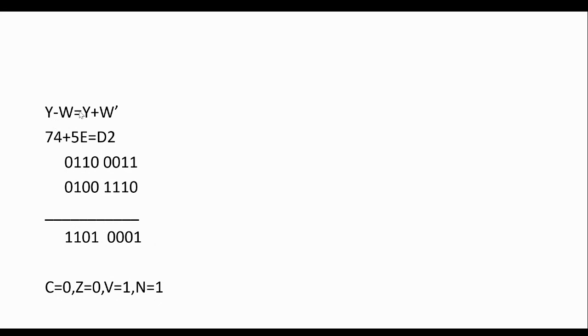Y minus W equals Y plus the 2's complement of W. You get 74 plus 5E equals D2. Okay, so this is not D2. I think it's a mistake.